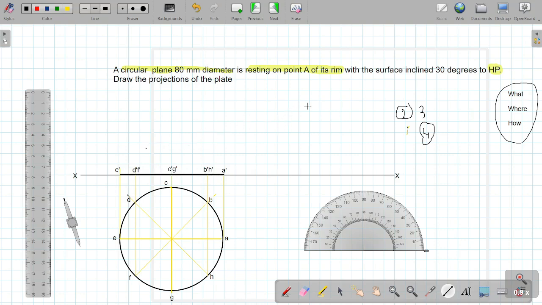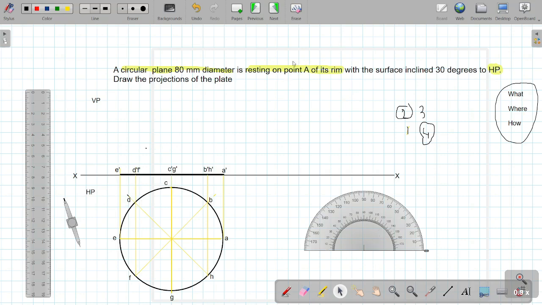Now step 3 will be coming here, that is in VP. Because it will be drawn in VP, we have to check the condition of HP. It is given 30 degrees inclined to HP.